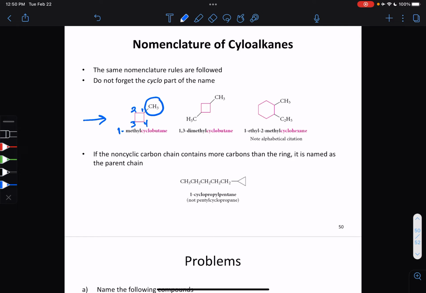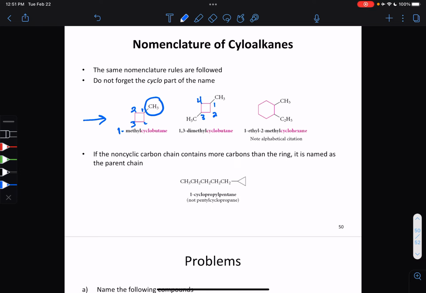Okay, so let's take a look at another cyclobutane to the right. You see we've got 2 branches there, and we're going to have 1,3-dimethyl cyclobutane as the name. Now we could number it 1, 2, 3, 4, or 1, 2, 3, 4.